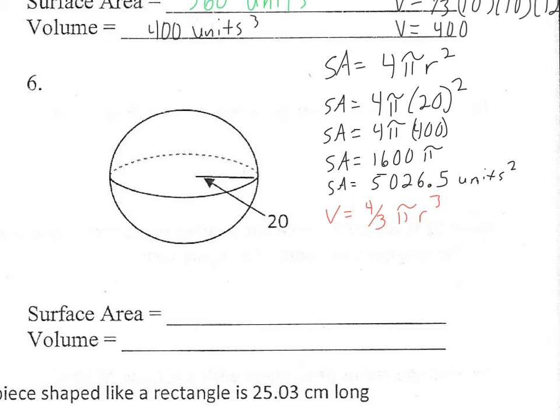Another one of those lovely formulas where we just plug in what we know. In this case, all we need is the radius. Volume equals 4/3 pi times 20 for our radius, cubed. And again, that's calculator ready right there, but I'm just doing some of the simplifying by hand.